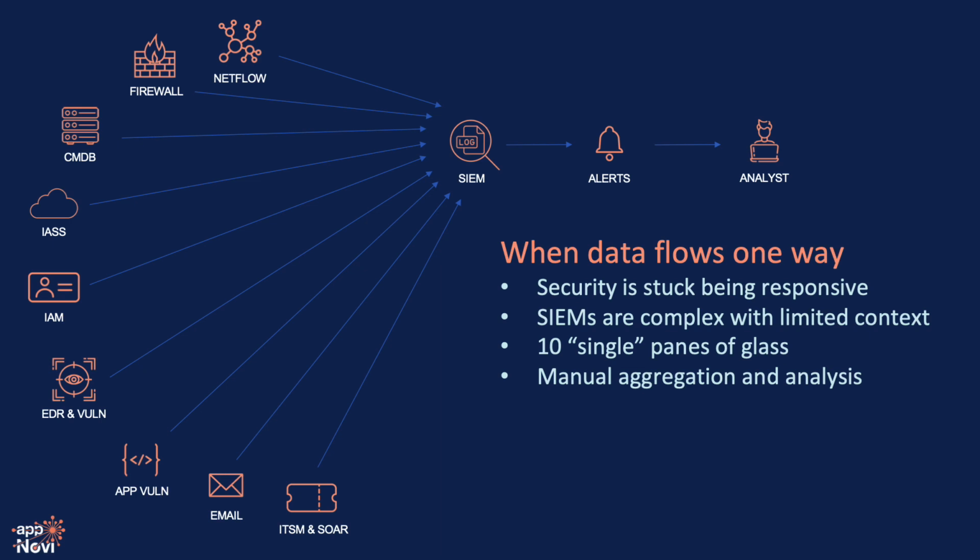And so the data is just really one way, right? It's not contextual. There's still a lot of metadata missing. And when it's presented to the analyst, it's presented in rows and rows and rows of data in something like a Splunk or a QRadar, right?